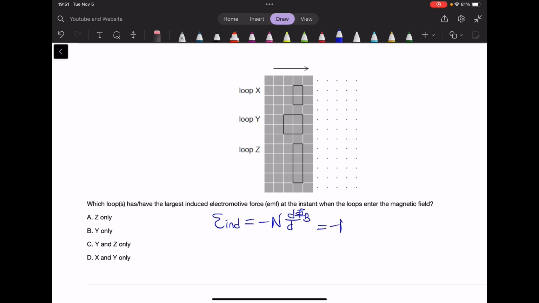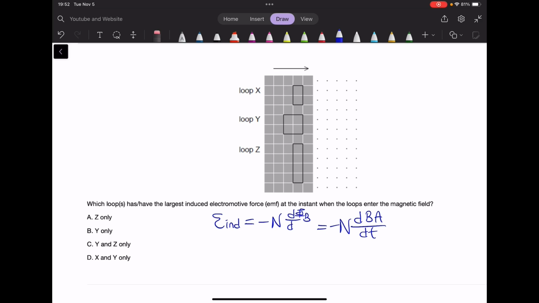And magnetic flux is equal to magnetic field multiplied by area. So in order to find the largest induced voltage, we want to see which loop has the largest area at the instant when exposed to the magnetic field.